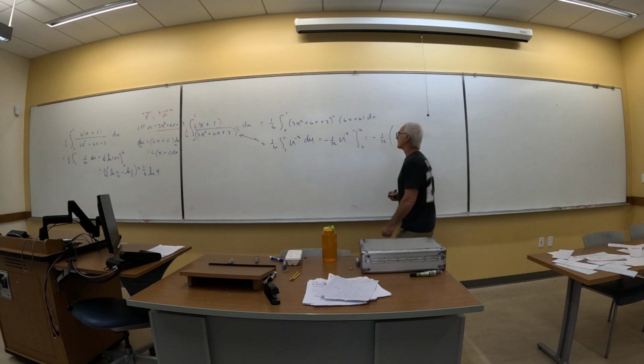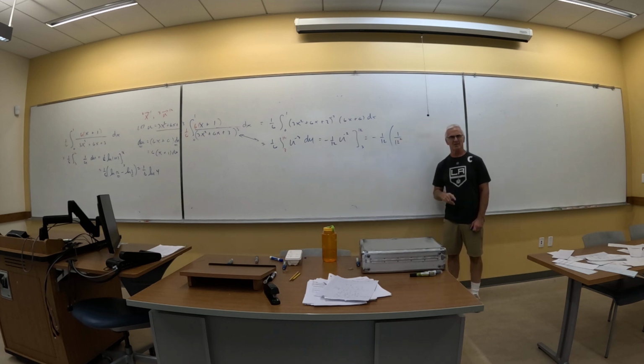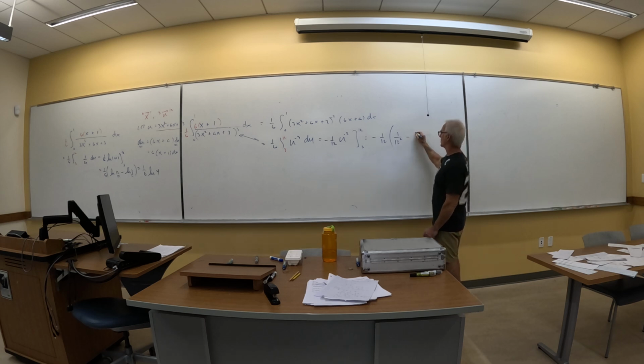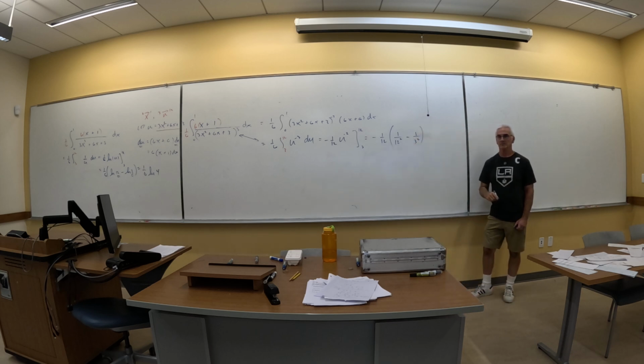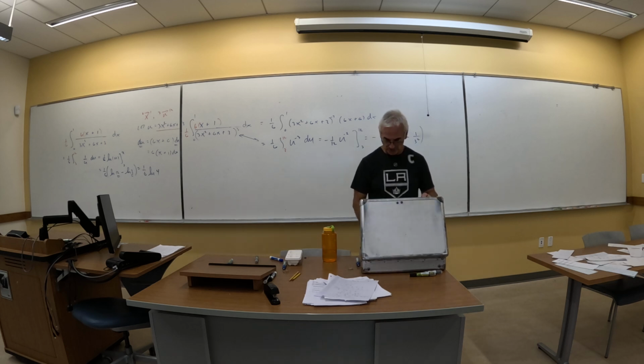Do you want to write 12 to the -2? Or can I write 1 over 12 squared? Might that be easier? I'm going to do this in my calculator. And then what would the other one be? 1 over 3 squared. Now do that on your calculator. The answer is rational.